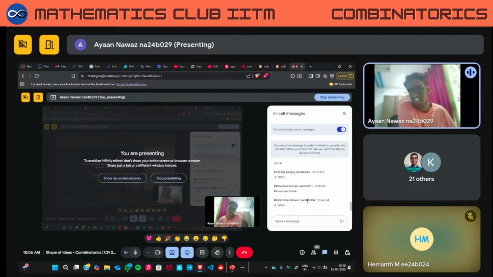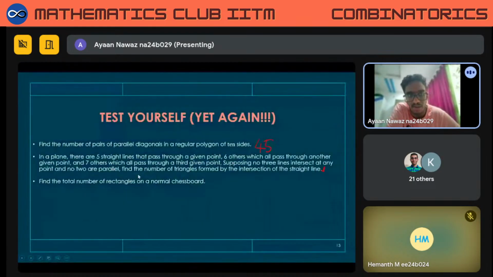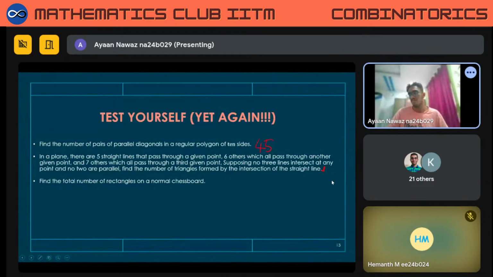Third one is 1296. Yes, right. Correct. Second one, you can try solving this second one. I'll give you 5 minutes for this as well. Third one, I'll just do it fast. Don't worry. I'll solve this at 10:10.